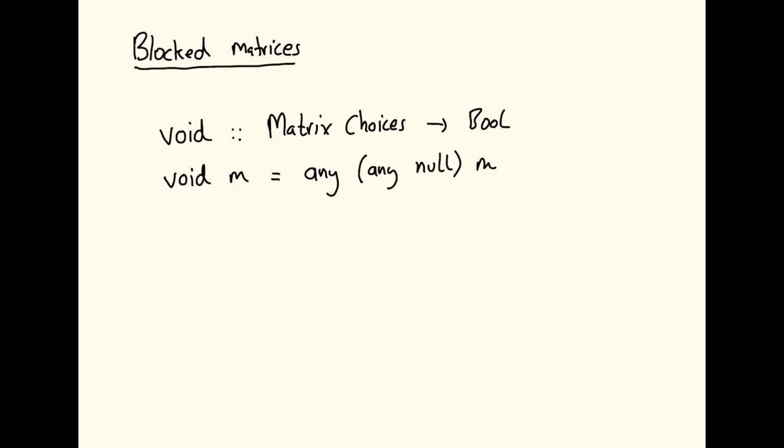Null decides if a list is empty, and any will take a predicate or a property and decide, does any element of a list have that property? So we're using any twice here, and what we're really saying is, is it the case that any row has any empty cell? So this will return true if it finds any empty cell of choices in a matrix of choices. So that's the idea of a void matrix.